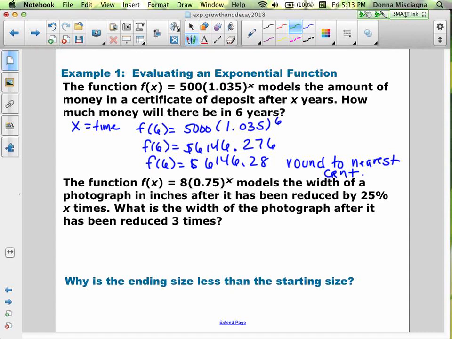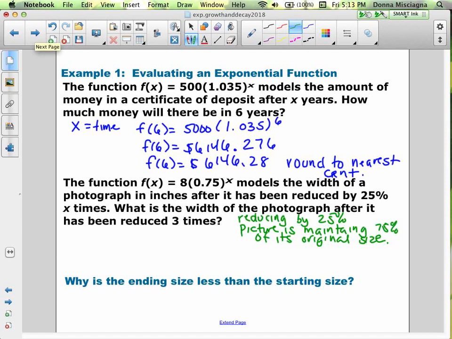All right, so notice that we're reducing by 25%, which means the picture is maintaining 75% of its original size. So we want what the picture keeps, what the picture is going to be. It's going to be 75% as large, not how much it lost.